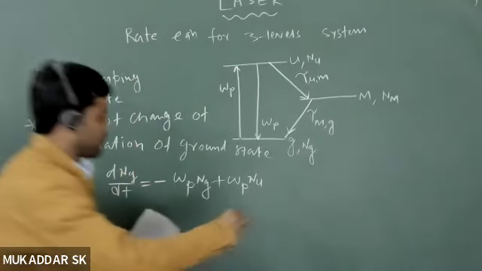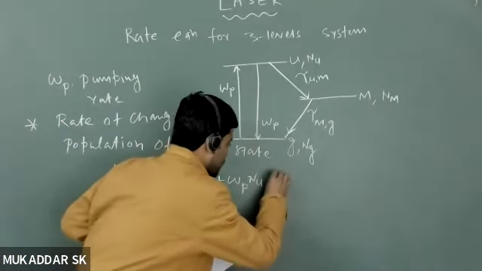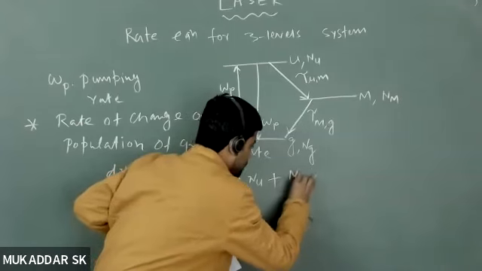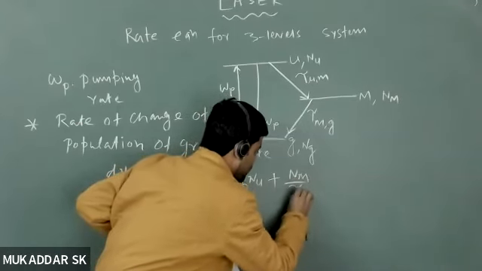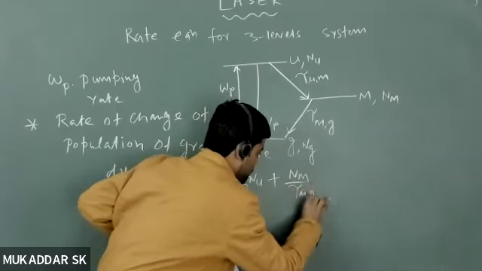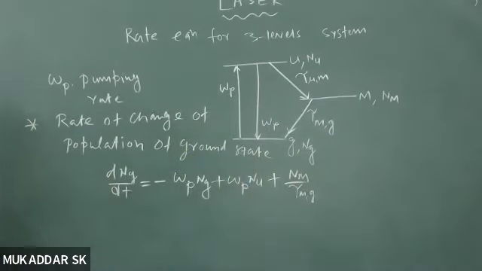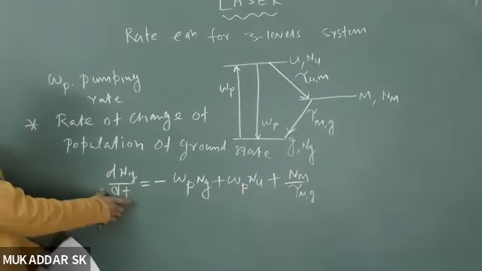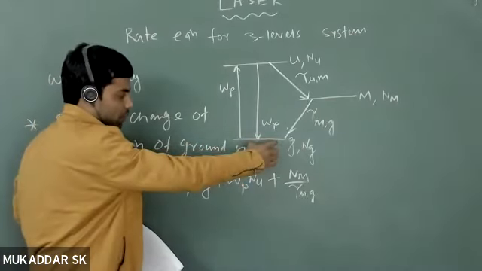At what rate? That will be simply Nm divided by the lifetime of decay, tau mg.